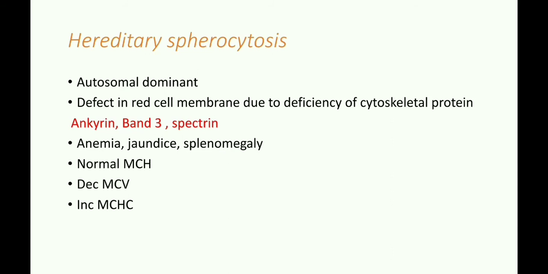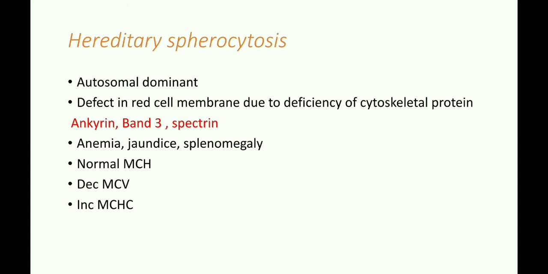It can also be band 3 or spectrin. When there is a deficiency of any of these cytoskeletal proteins, the membrane of the RBC becomes unstable. So a small part of the membrane will be lost, and later the cell attains a spherical shape. So that is hereditary spherocytosis.